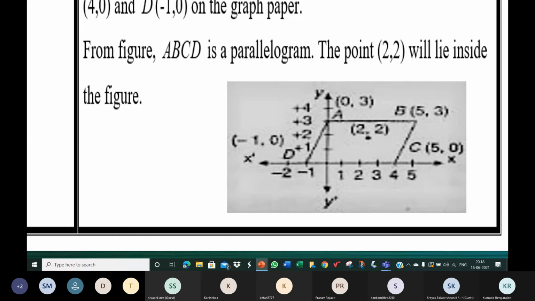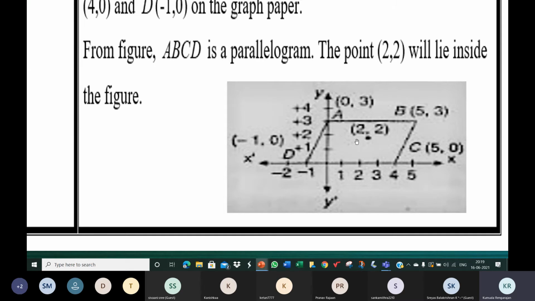Children, can you say that AB is parallel to CD? AB is parallel to CD because point A is given by 0,3 and B is given by 5,3. So this is parallel because it's at the same distance from the x-axis, 3 units above the x-axis.